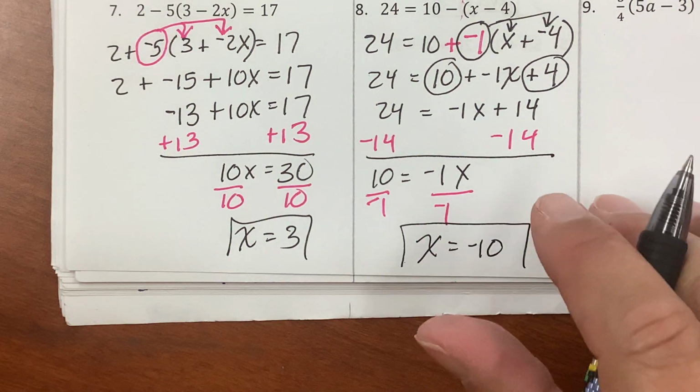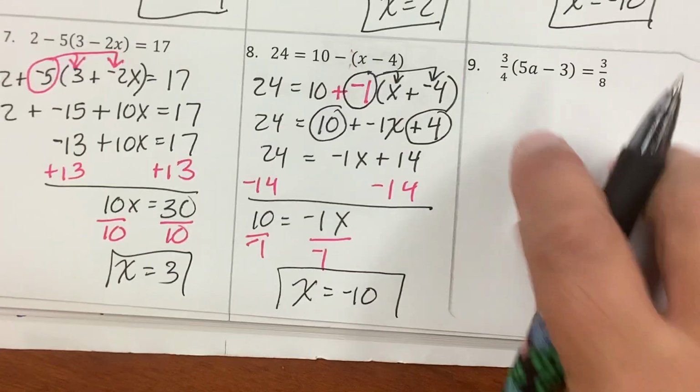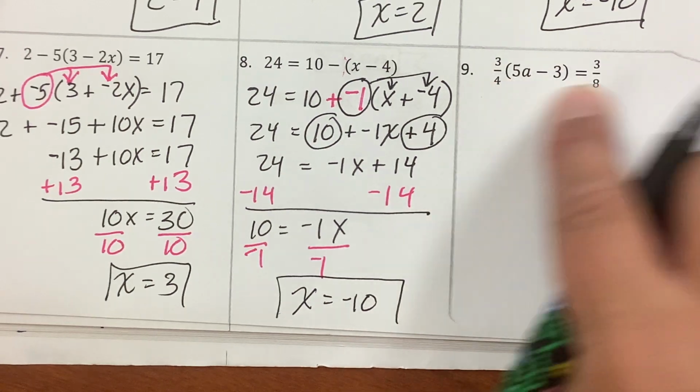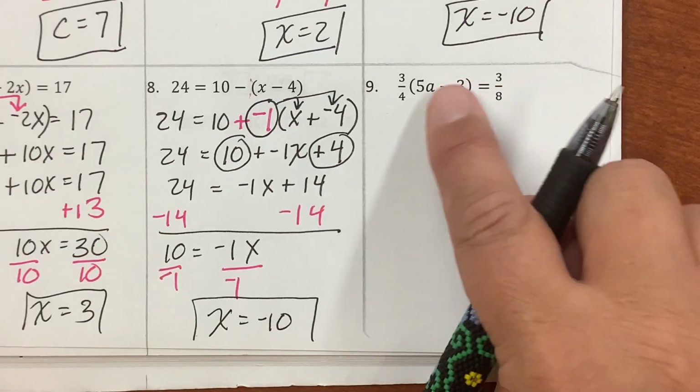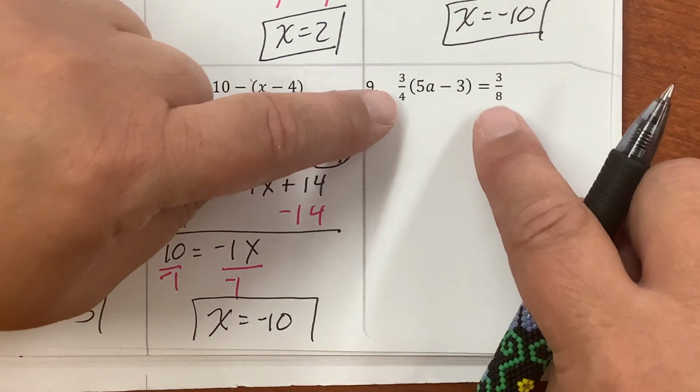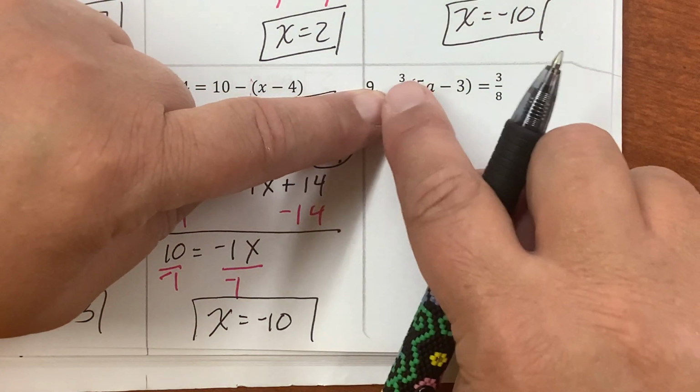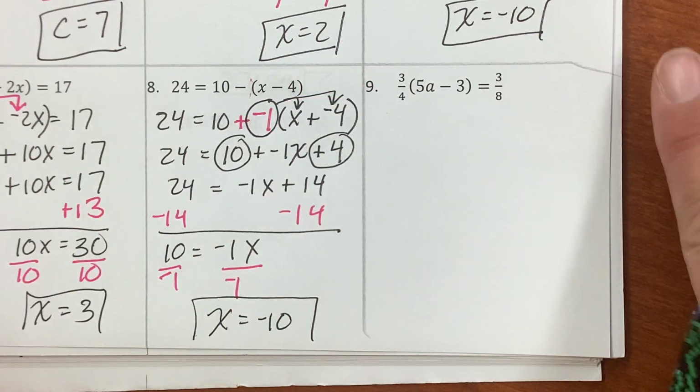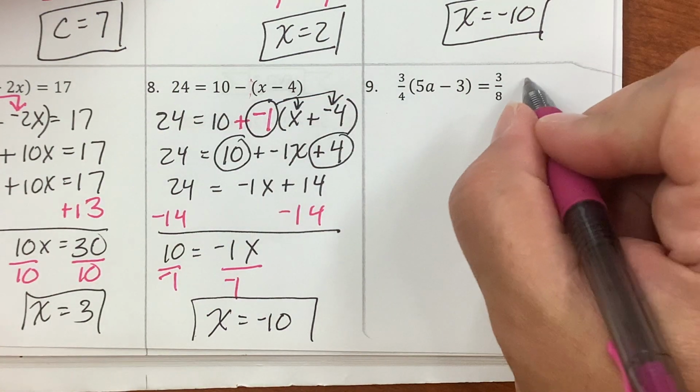All right. Now remember when you have parentheses and fractions, you ignore what's in the parenthesis and only multiply times the LCD, the 3 and the 3. So the least common denominator here is 8.